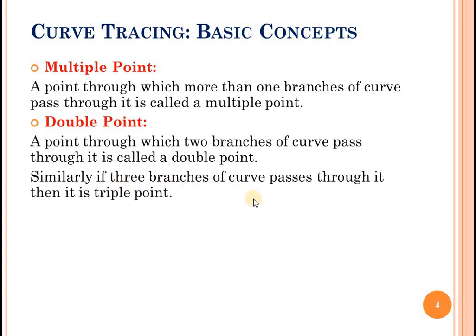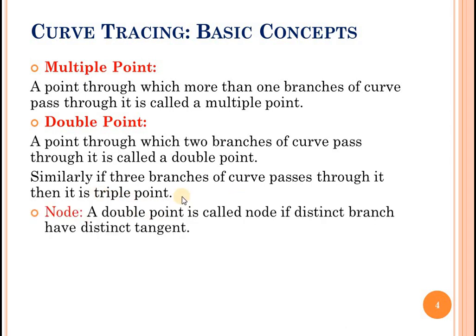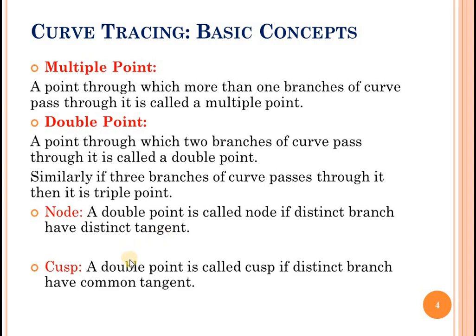Similarly, if three branches of the curve pass through it, then it is a triple point. Now the specific types of double point: node and cusp. A double point is called a node if distinct branches have distinct tangents, and a double point is called a cusp if two distinct branches have a common tangent.